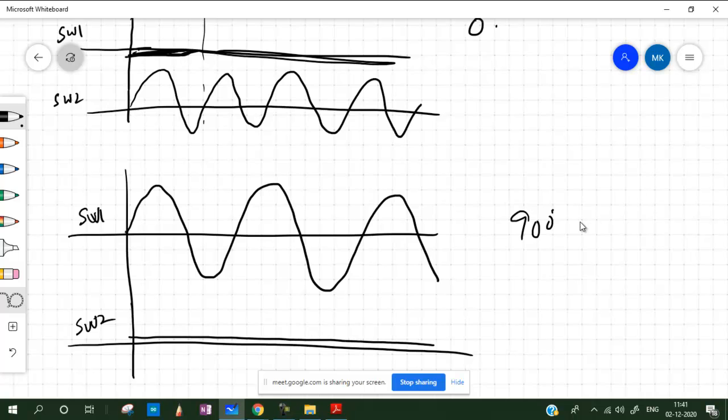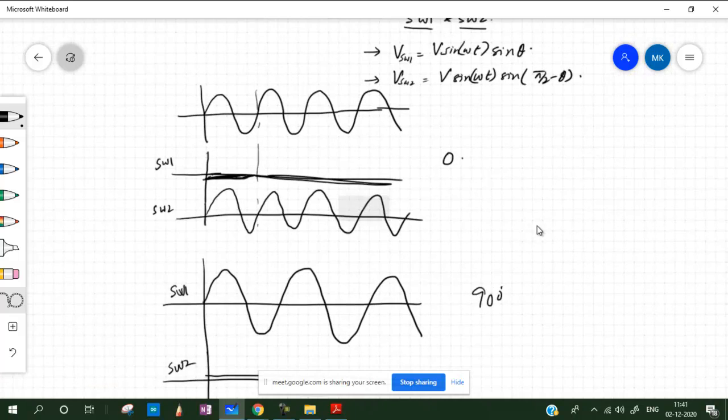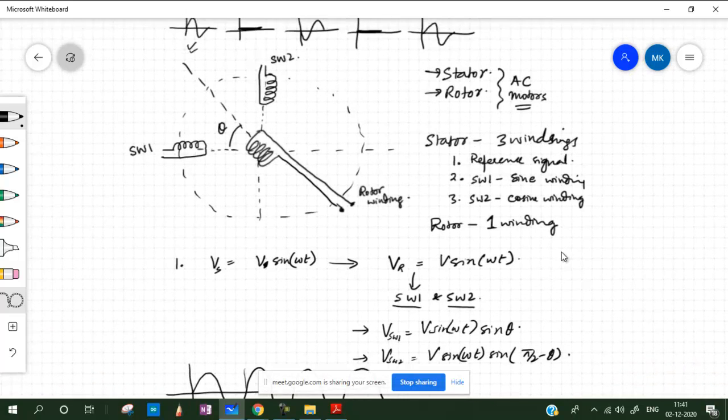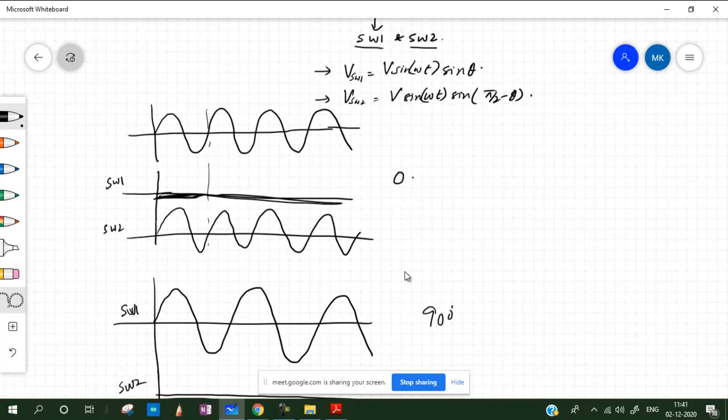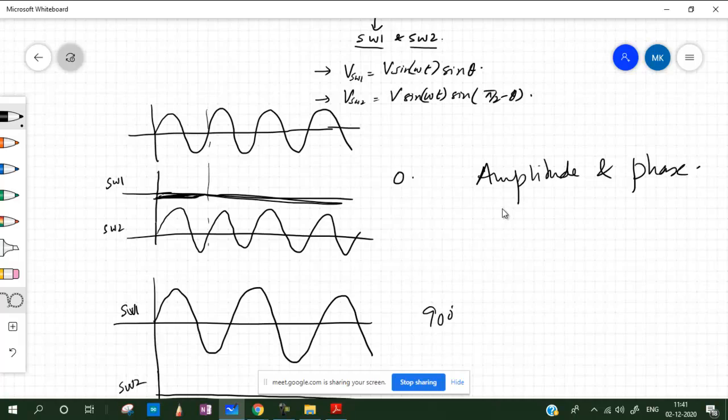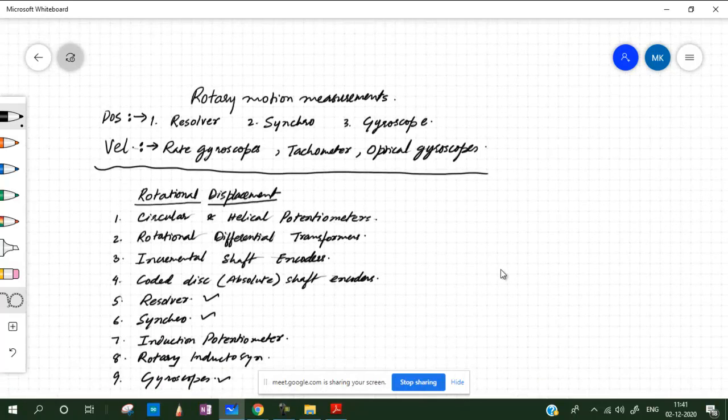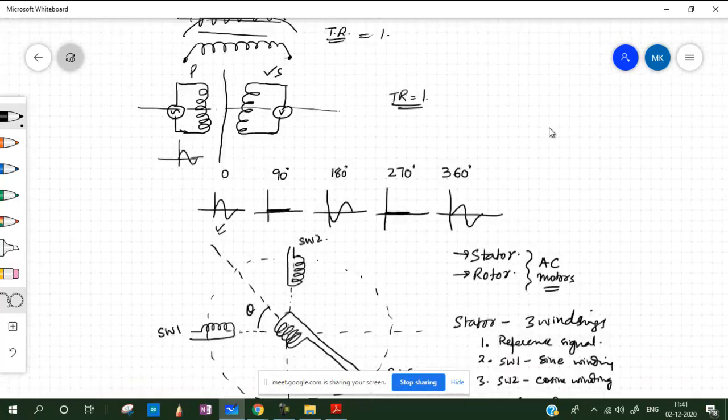All right. So with this type of arrangement of the system, we can actually measure, and obviously if it's between 0 and 90, you may have output from both SW1 and SW2, but with a smaller amplitude. All right, for SW1 and SW2 also. So that means we can change both amplitude and phase, because in this case you have seen that the phase also will change as we go to, let's say, 180 degrees.